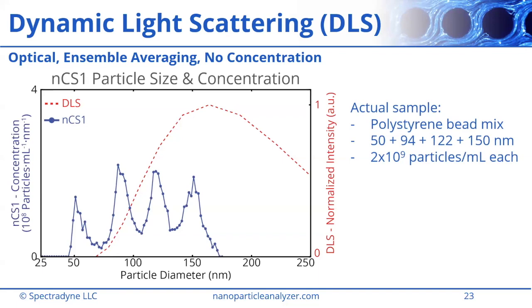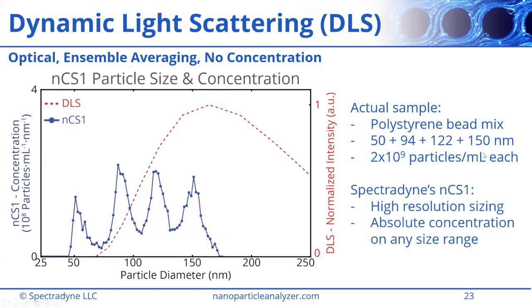And we know that because we made the sample. It's a mixture of polystyrene beads. This is a very, very simple sample of 50, 94, 122, and 150 nanometer particles, all mixed together at approximately equal concentration. Spectradyne's NCS1 delivers the high resolution sizing and the absolute concentration on any size range in here that you need in order to actually find out what's in this sample.